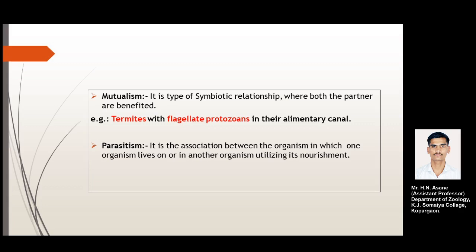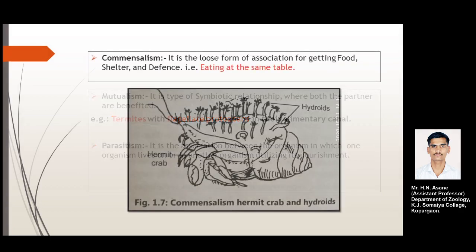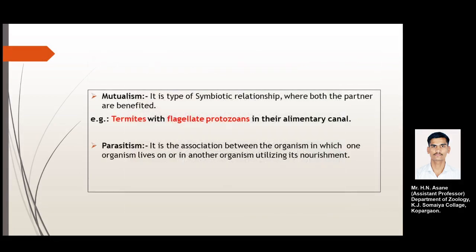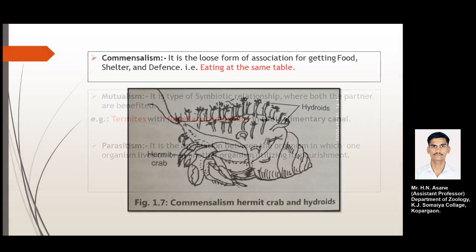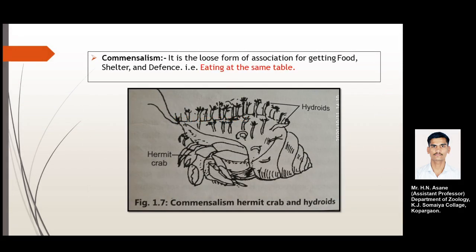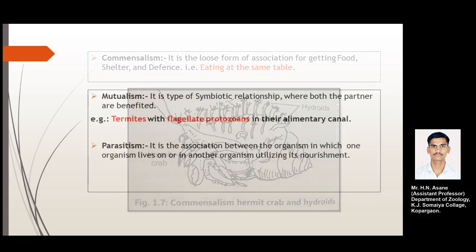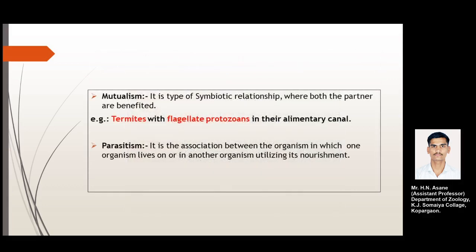We have seen in commensalism that only one animal from the association was getting the benefit, and in mutualism, both partners of the association are benefited.